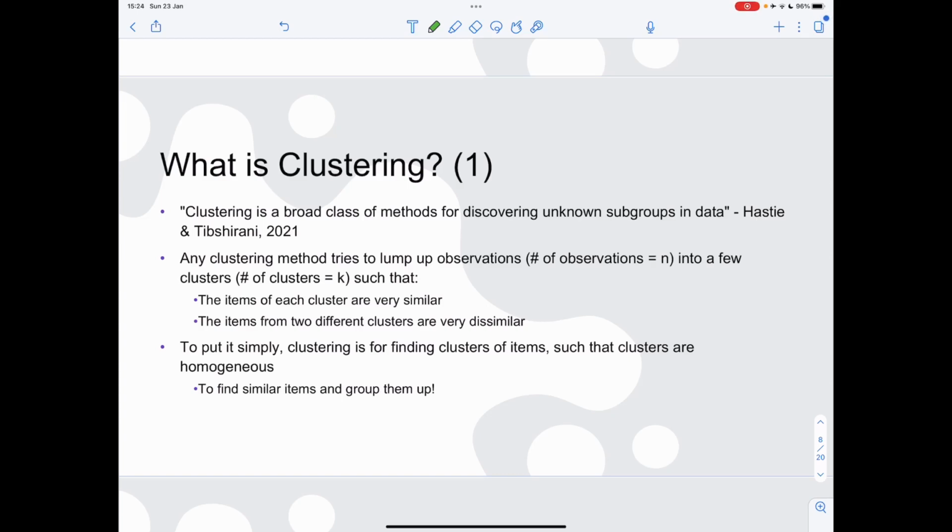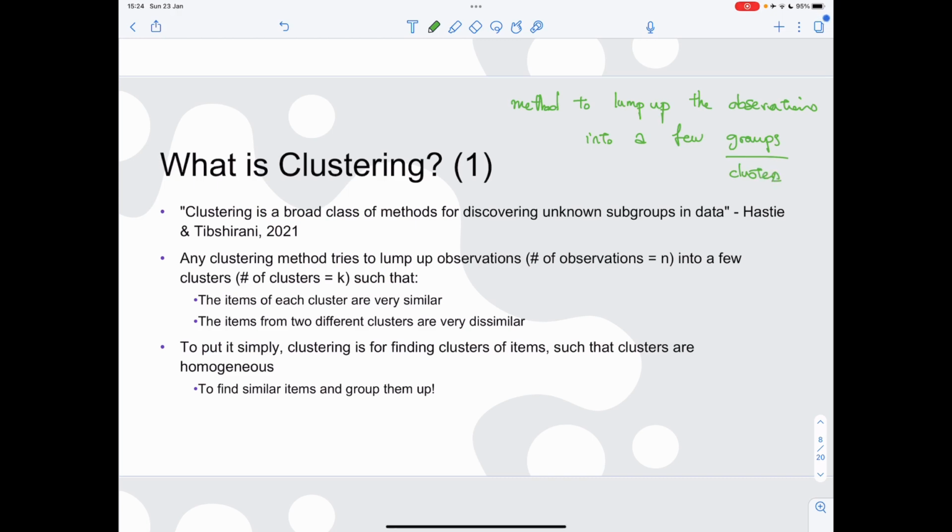Okay, what is clustering? In the simplest sense, clustering is a method to lump up the observations into a few groups. And these groups are called clusters.